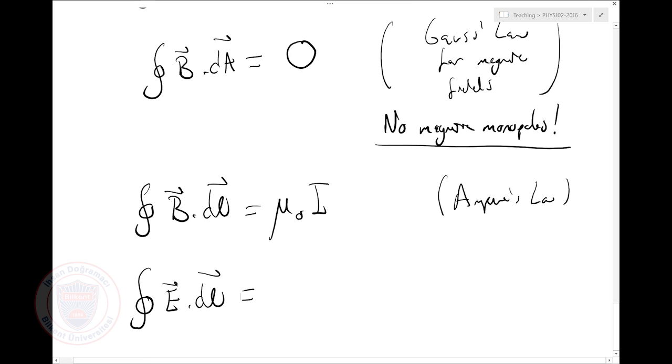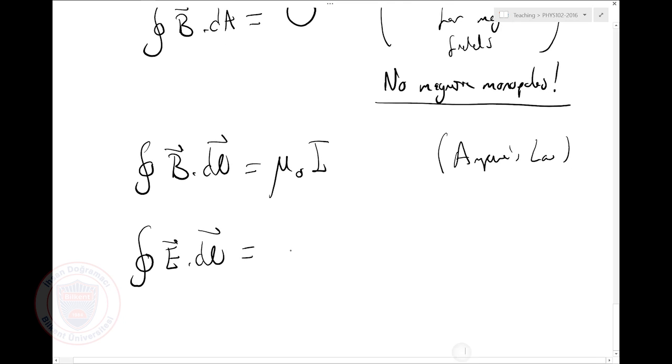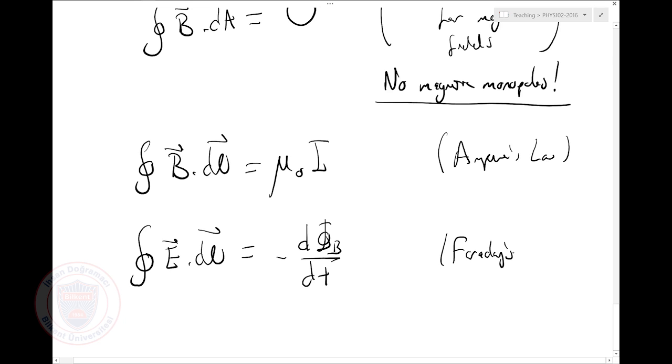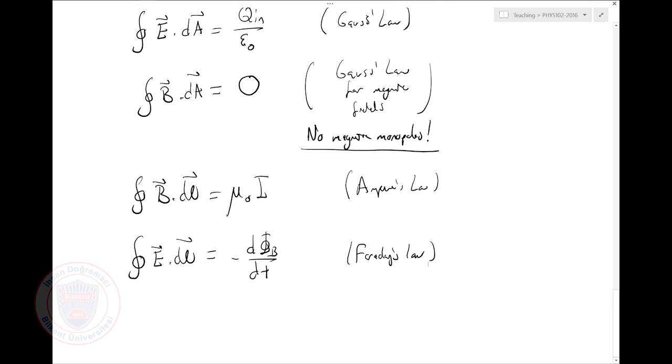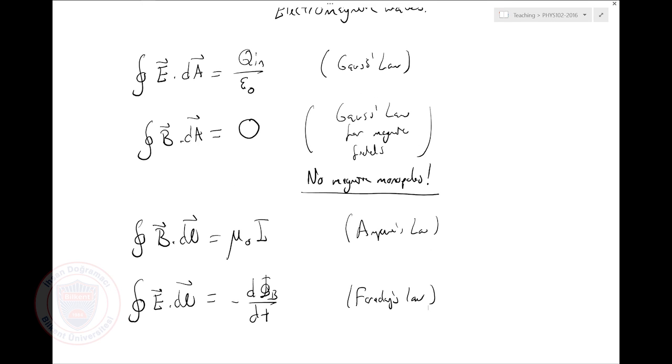E dot dl is minus d phi B dt. That's Maxwell's fourth equation. And you know it as Faraday's law. So clearly, there are four equations here. None of them were derived by Maxwell.